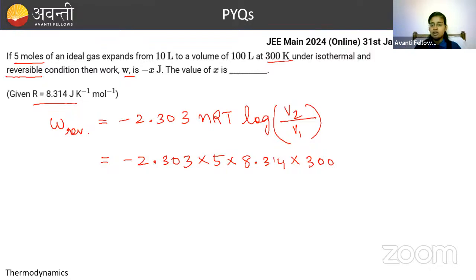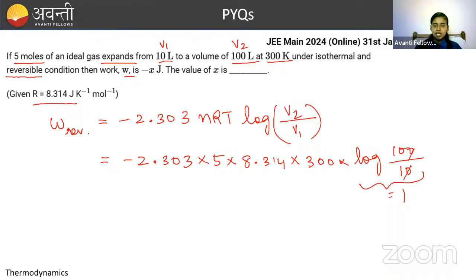And what is the log value? Log V2 is 100 liter and V1 is 10 liter. Initially we had V1 as 10 and finally the volume is increased to 100 liter because it is expansion, right? So if I cancel this, I will have log 10. Log 10 is equal to 1.